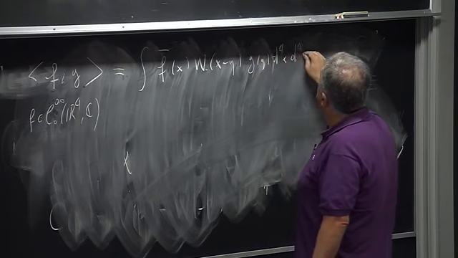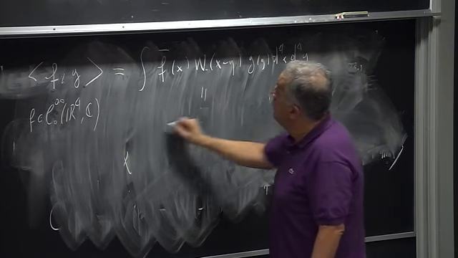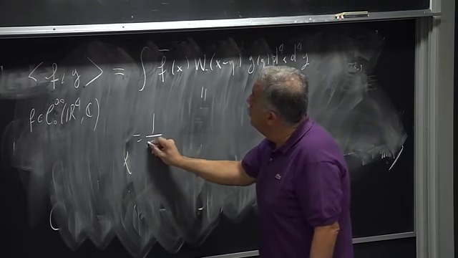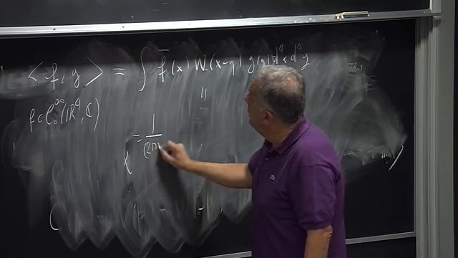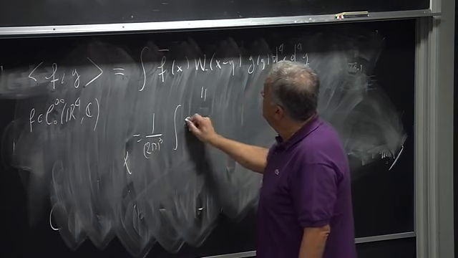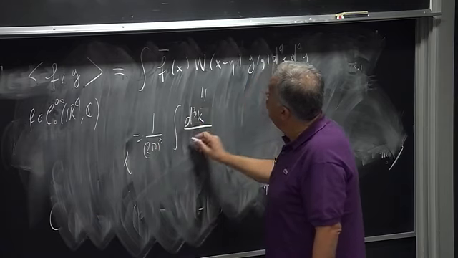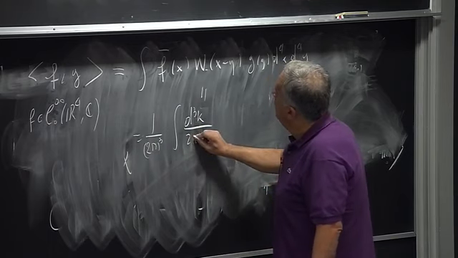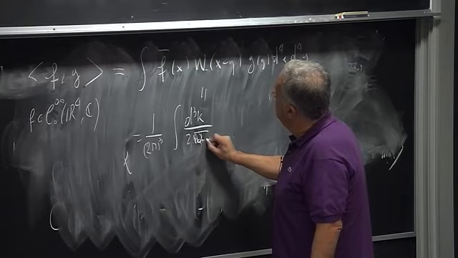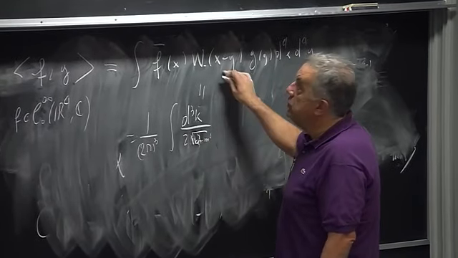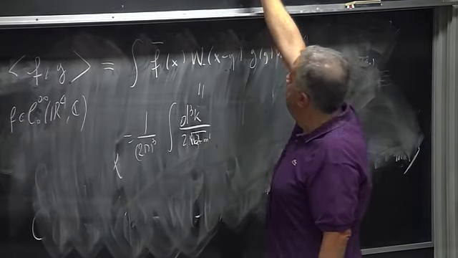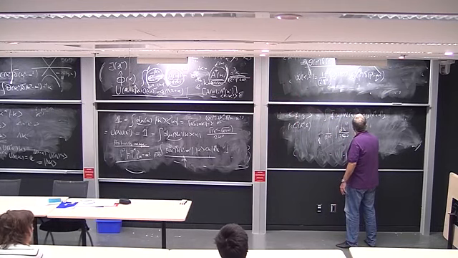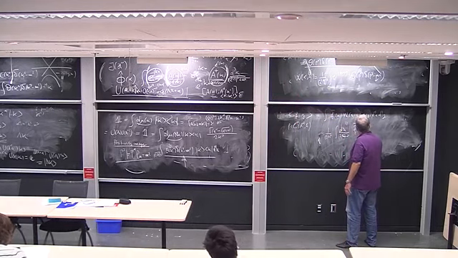If you Fourier transform this convolution, you get 1 over (2π)³ ∫ d³k over 2√(k² + m²) times f tilde of minus k, g tilde of k.